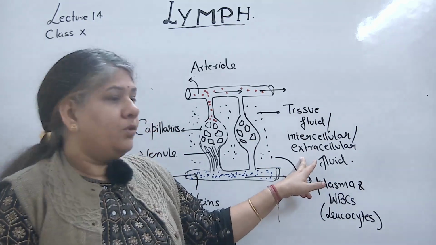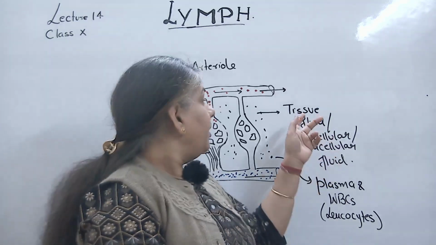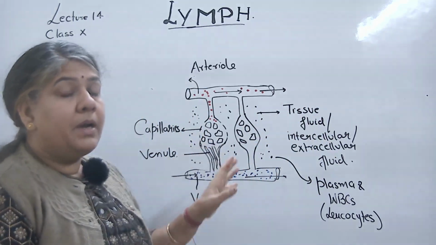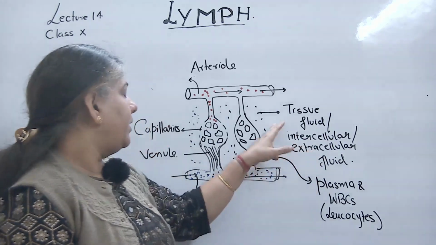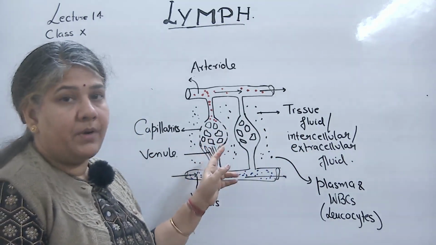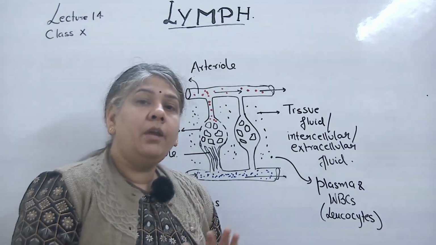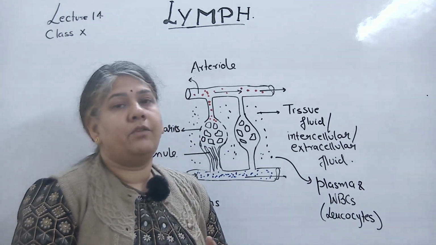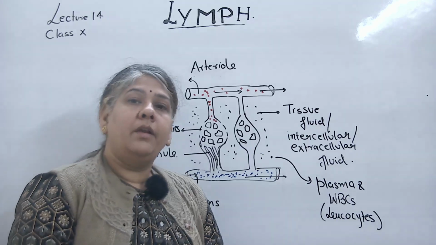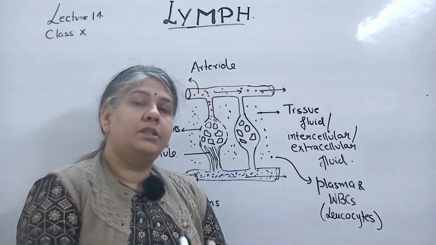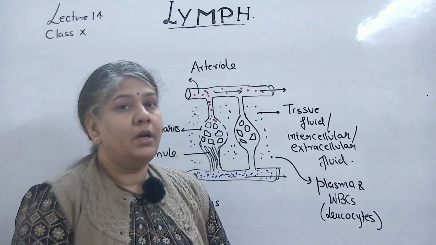Then this tissue fluid will be again reabsorbed in the blood capillary, but only some of the tissue fluid is reabsorbed by the blood capillaries. Most of the tissue fluid will be reabsorbed by another set of vessels called the lymph vessels. So when this tissue fluid enters lymph vessels, it is called lymph.